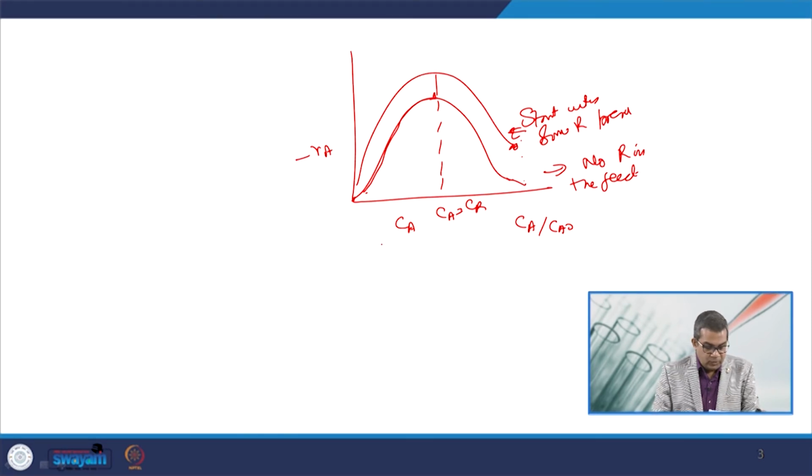Now, at the outer stream, when A is just about to be used up, the rate must drop to 0. This also shows that the rate follows a parabolic approach, and the maxima is where the concentrations of A and R are both equal.